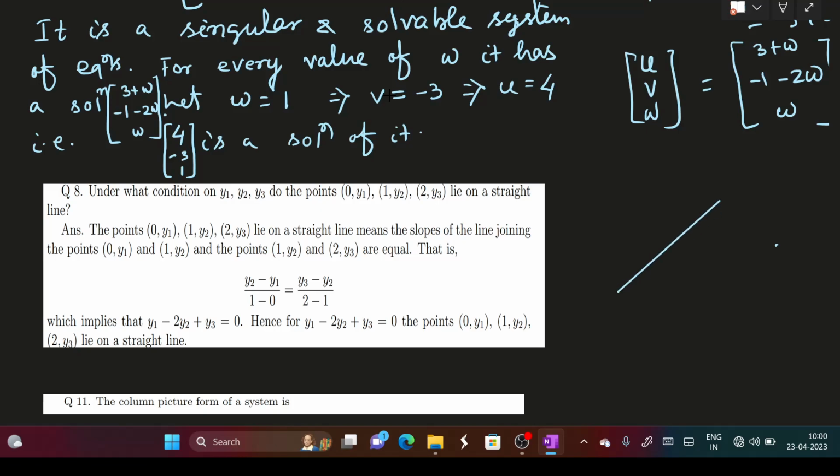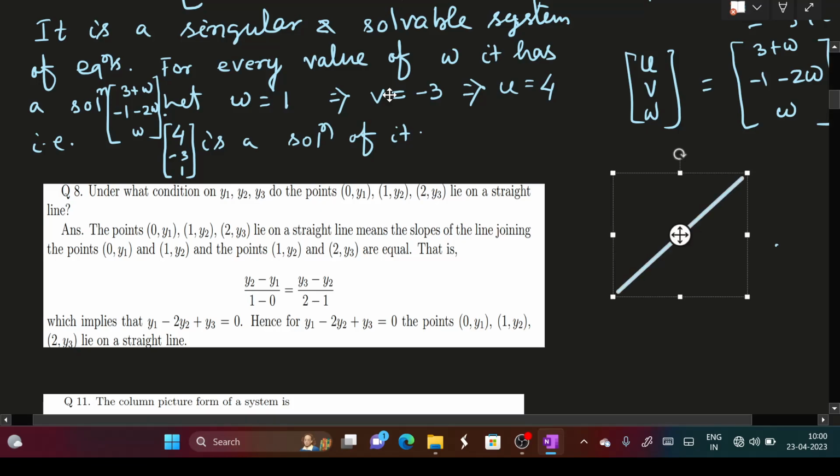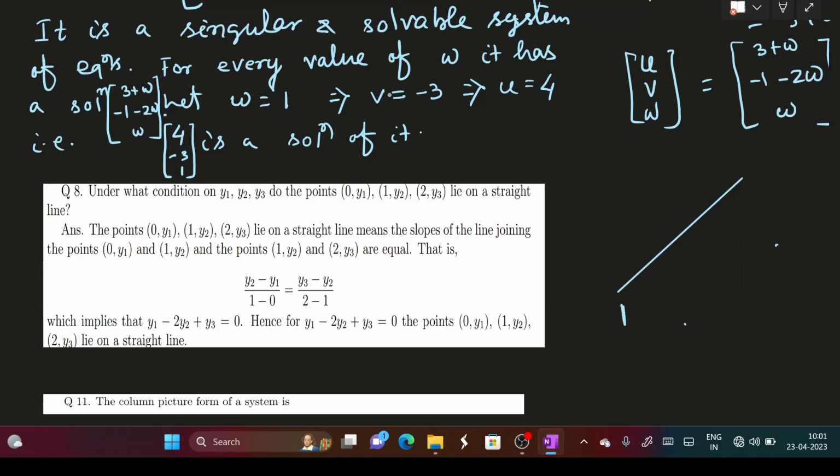Suppose I have, okay, so now I have point P1, point P2, point P3. Let us assume this is P1, this is P2, this is P3.